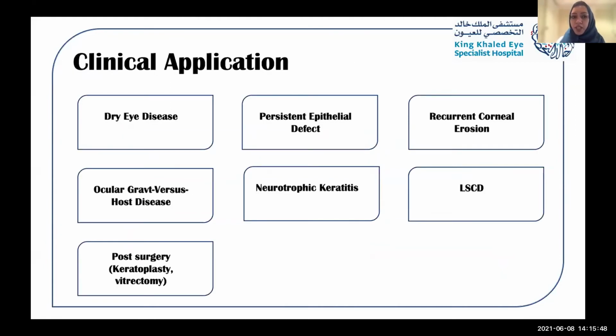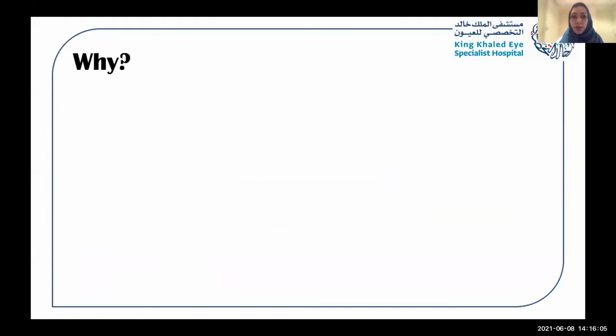The clinical applications, again: they are used in dry eye, persistent epithelial defect, recurrent erosion, neurotrophic keratitis, limbal stem cell deficiency, ocular graft versus host disease, and post-keratoplasty and post-vitrectomy or any retinal surgery with induced epithelial defects.